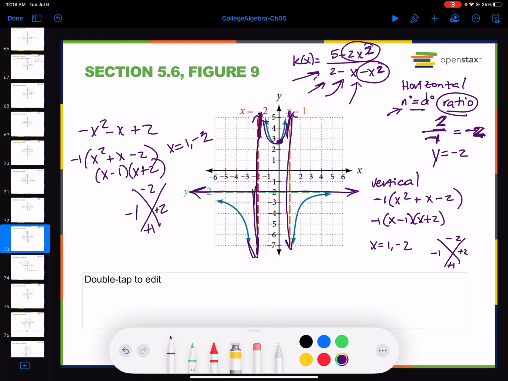So you would have this interval from here to here, this one from here to here, and this one in between the two. So you'd want to focus on what that function does within those intervals.